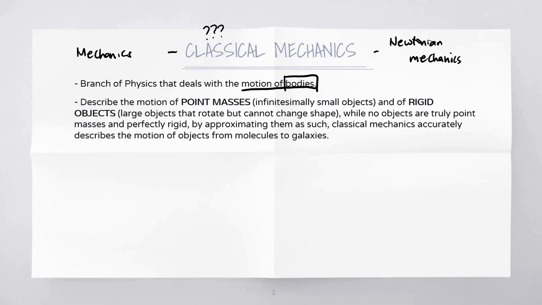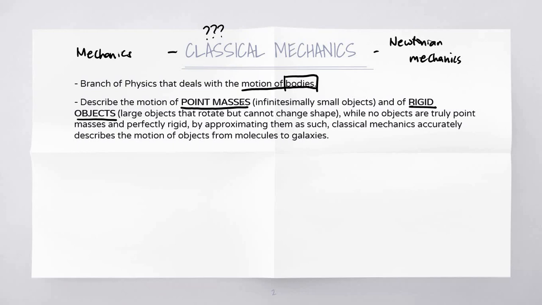The first one would be the point masses, and the second one is the rigid objects. When we say point masses, these are very small objects, or infinitesimally small objects. So basically, we're dealing with the motion of molecules or atoms.